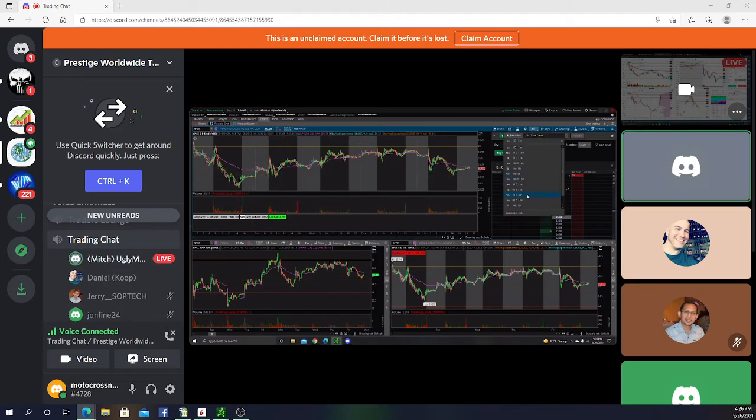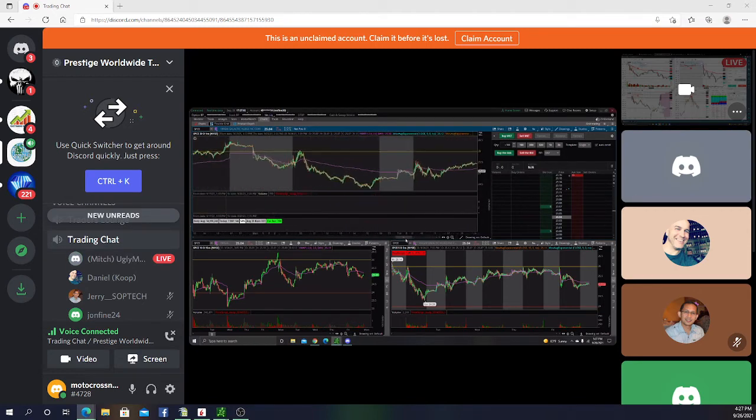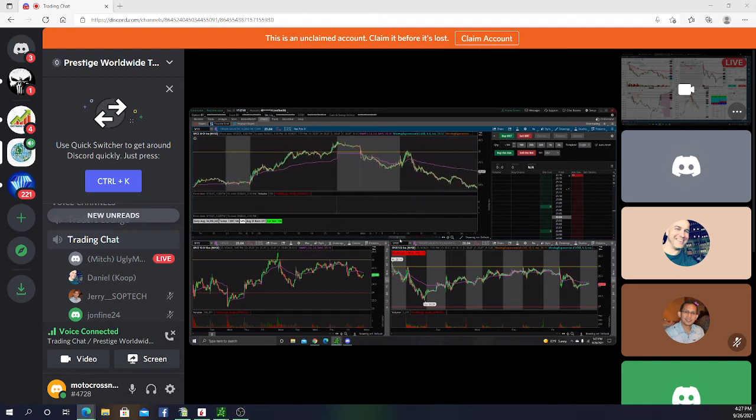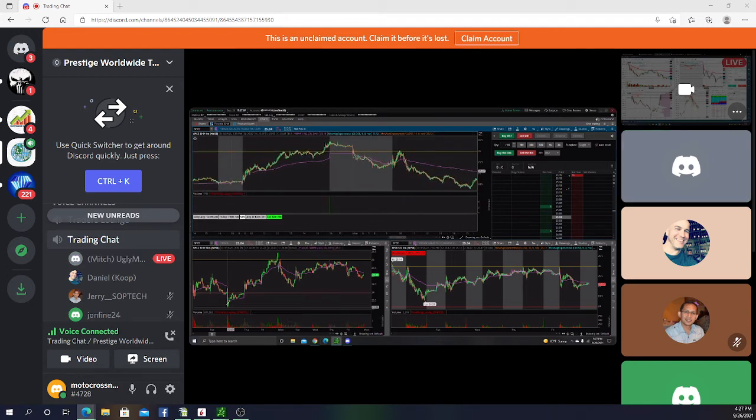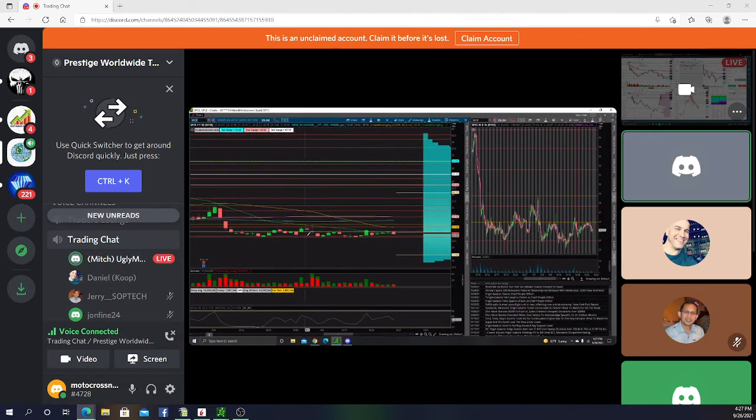Maybe not the 5 minute, because I can't really see it anymore. But what I want to be looking at is this day right here, Monday. Look at 30-day 1 minute. So this day, let me give you a broader picture of what sort of range it's stuck in. Right, we're stuck in this pretty tight range here.